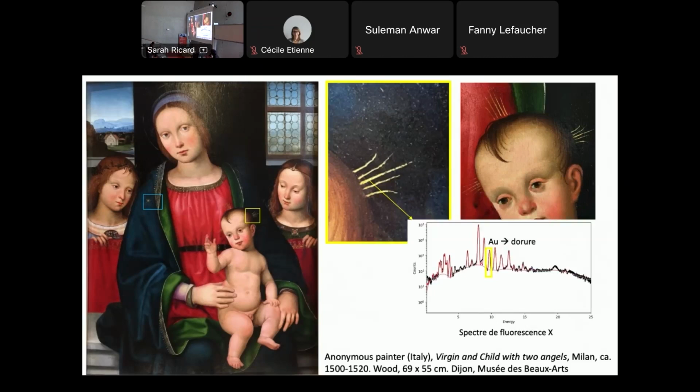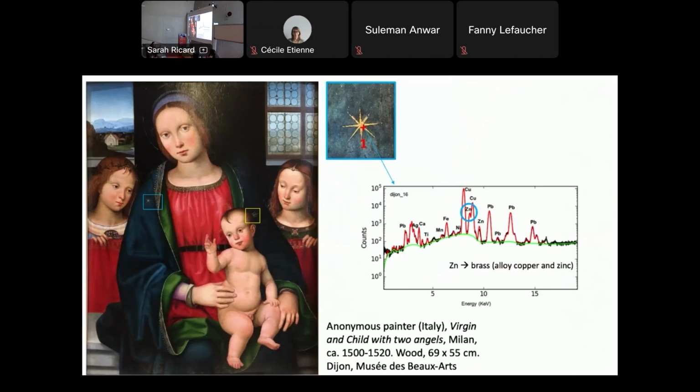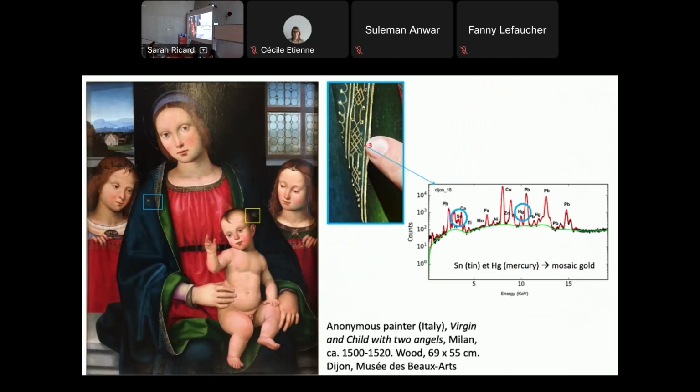So these are the rays that were analyzed with a serif by Laurence de Viglay. This is the star that is actually not made with gold, but with brass, yellow brass. That was a very common technique of imitating gold at the time. And here you see on the serif that we do not have gold coming out. While the orphrey of the mantle was done with mosaic gold, that is sulfur of tin.